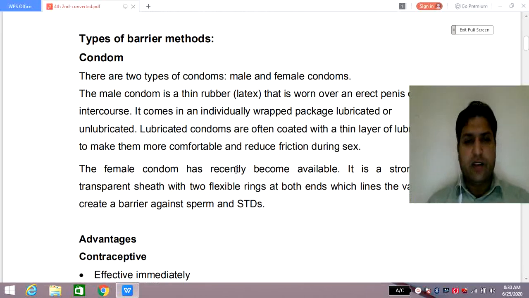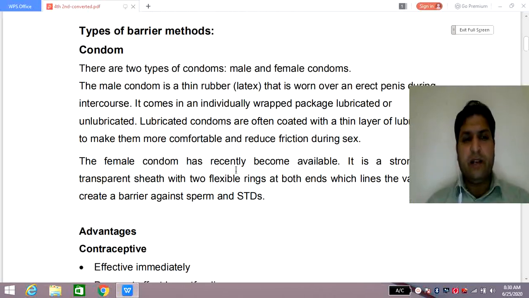One thing to keep in mind, the female condom has recently become available. It is a strong, soft, transparent sheath with two flexible rings at both ends. It is very soft and transparent in nature, and the two flexible rings are there.